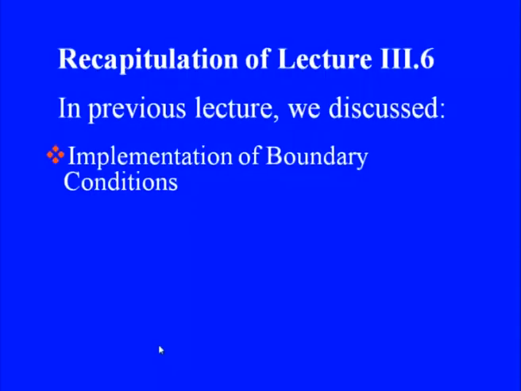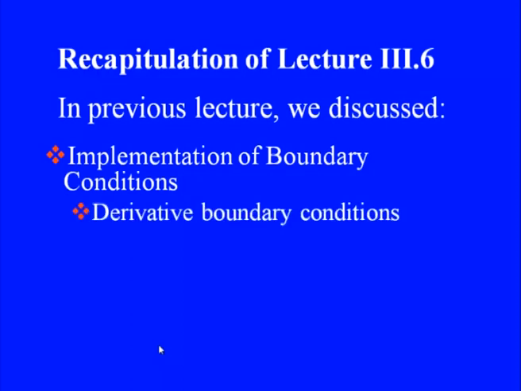Before we proceed further, let us have a recapitulation of what we did in the previous lecture. We discussed implementation of boundary conditions, specifically the ones which involve derivative boundary conditions, wherein we need to come up with suitable finite difference approximations of the derivatives.